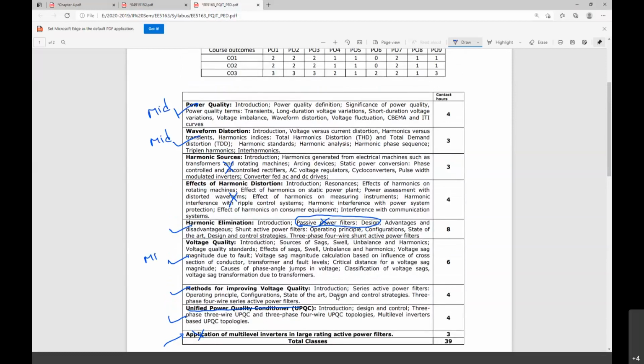Only after the mid examination we have discussed these particular units, especially this unit and this unit. This particular unit will be there for the end examination, and you can refer to the last class for the end examination.